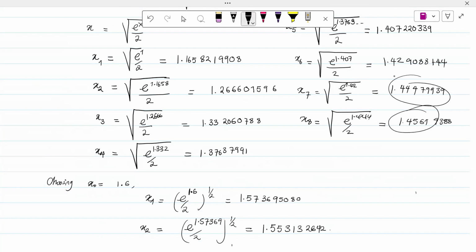But at least we're approaching it. So depending on how far the curve is from that root, it also determines how many iterations you're supposed to do.